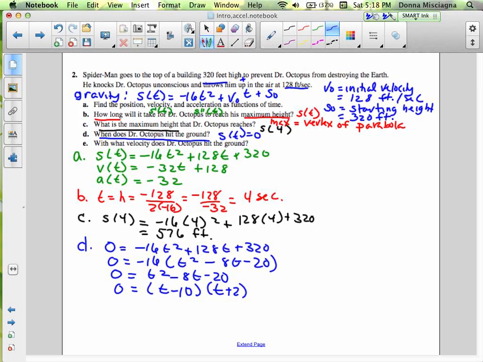You can ignore the t plus 2, time is not negative. So we have t equals 10 seconds. Dr. Octopus hits the ground.